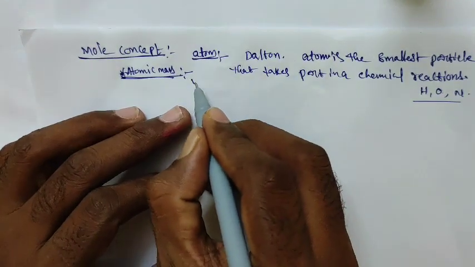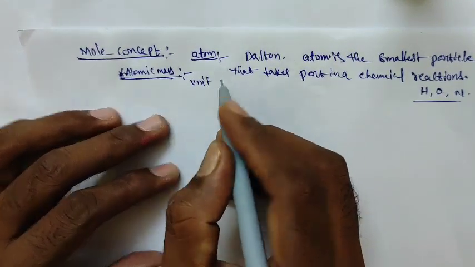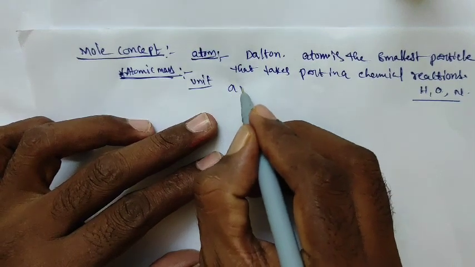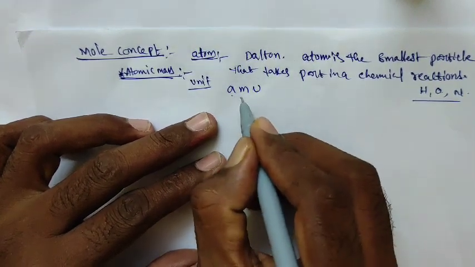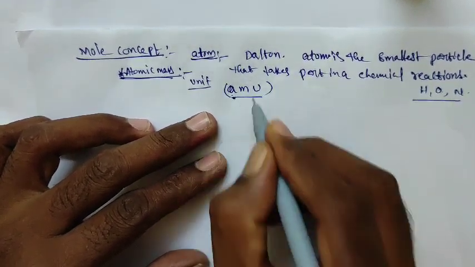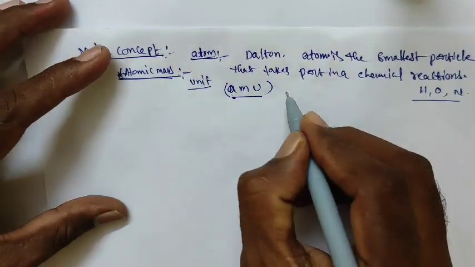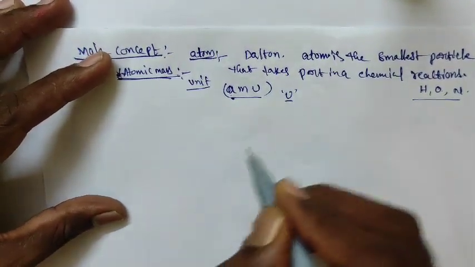Atomic mass unit, also known as AMU. Now we also call that the unified mass, u.